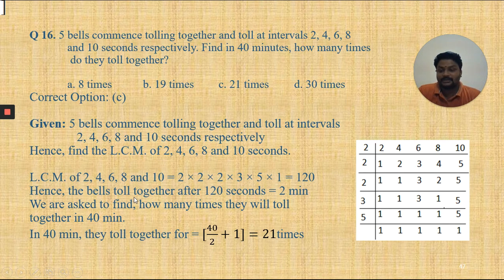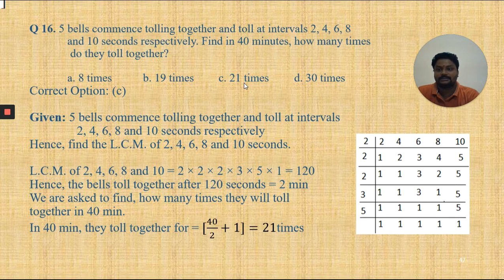So the bells toll together after 120 seconds, which is 2 minutes. We are trying to find how many times they will toll together in 40 minutes. In 40 minutes they will toll together 40 by 2 plus 1 times. So 40 by 2 is 20 times, plus 1 for the starting time. So 21 times. Option C is correct.